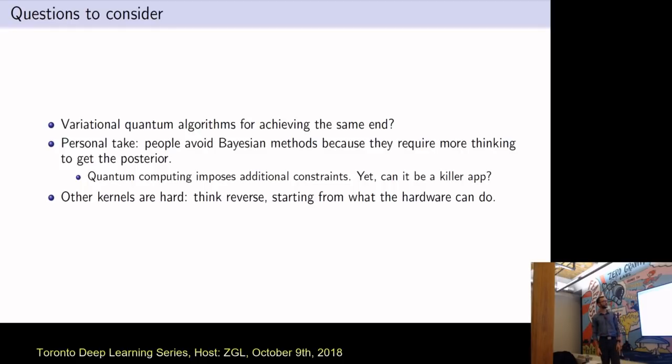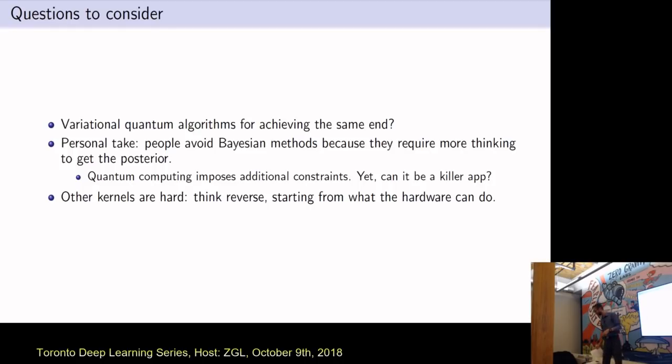Then, people have Bayesian methods because of these things I mentioned. They just take a lot of calculation on paper. And with quantum computing, we had these new constraints that you can't just consider any covariance. Your covariance has to be in a very specific form. What's the actual form? Well, take a look at it on paper.